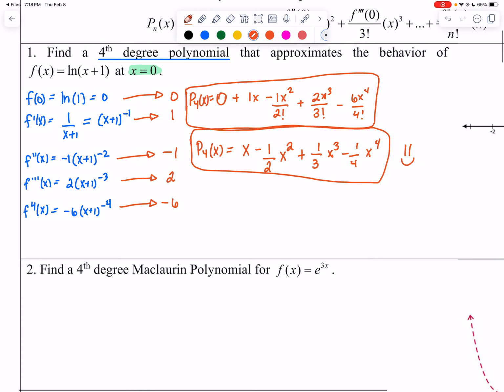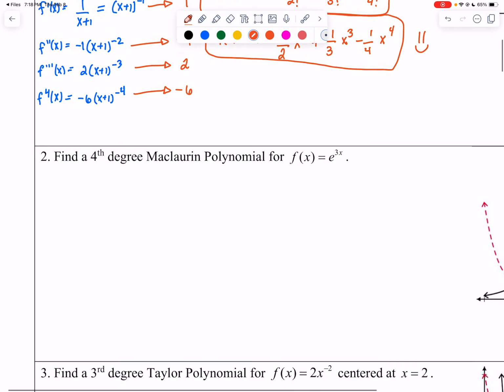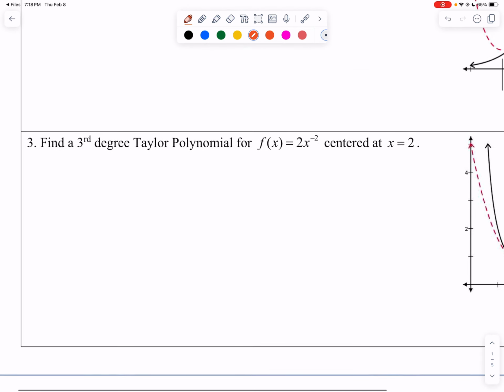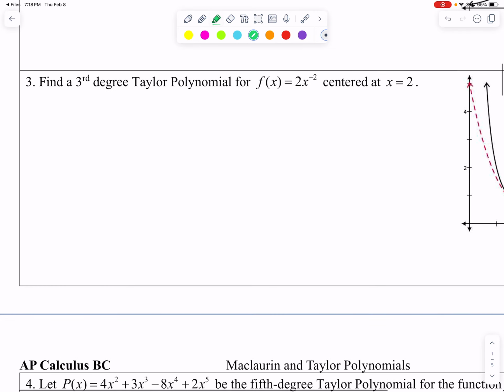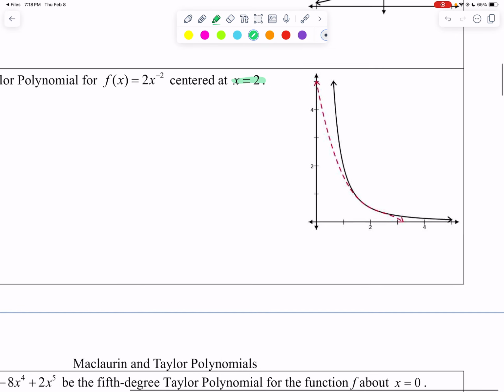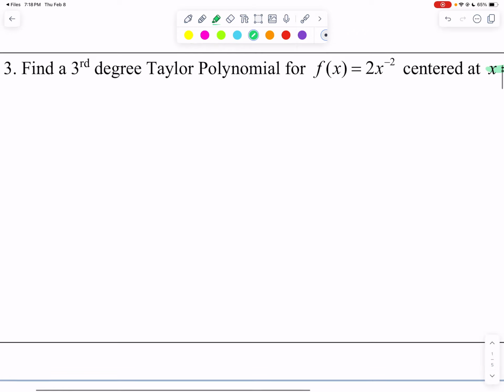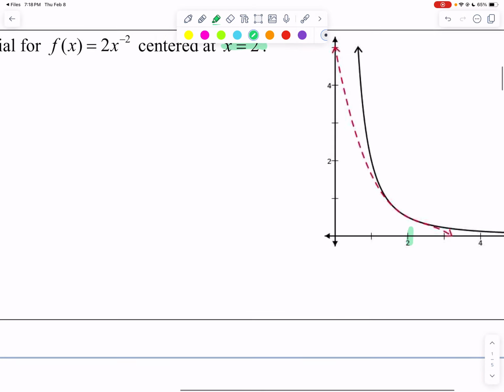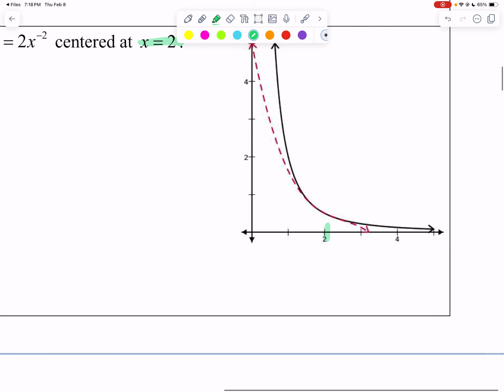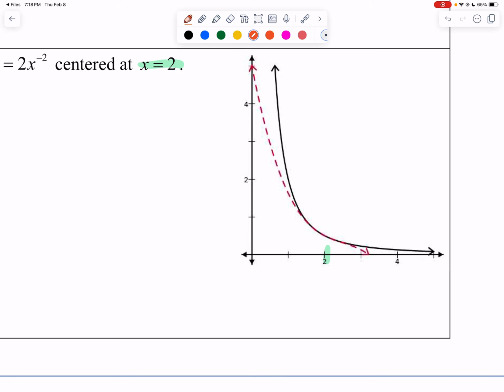All right, I'm going to do number 3 now because number 3 is going to be a Taylor polynomial that is centered at x equals 2. So notice how here, this is x equals 2, and we are going to approximate a 3rd degree Taylor polynomial. This red graph right here represents a 3rd degree polynomial.